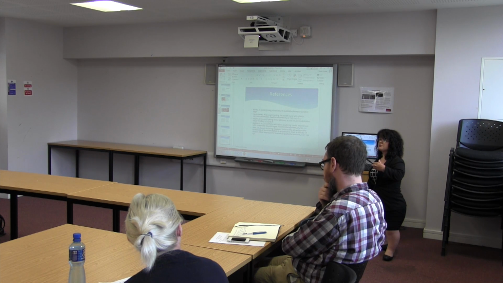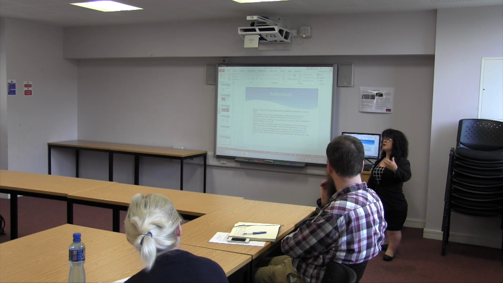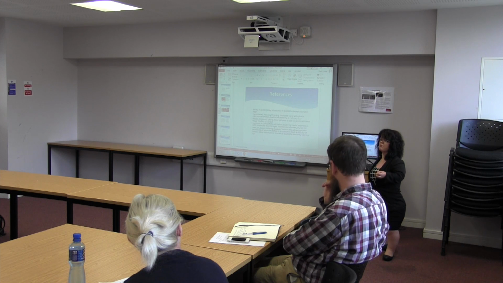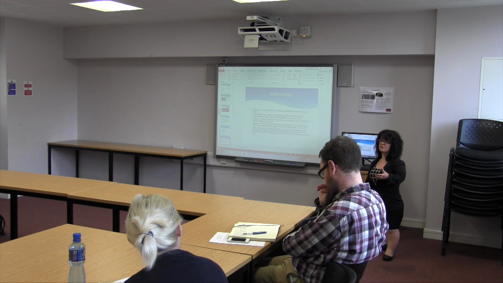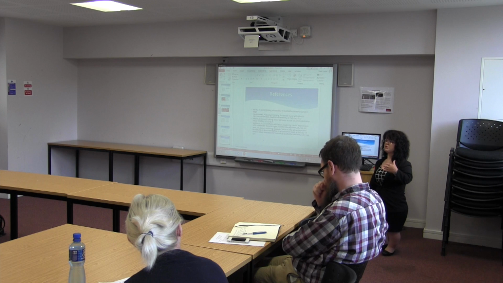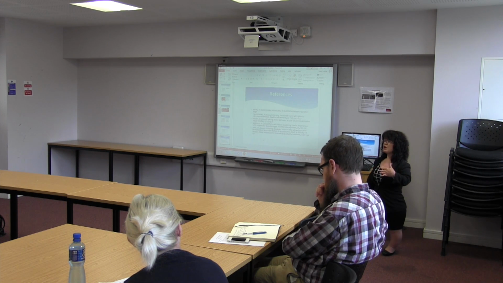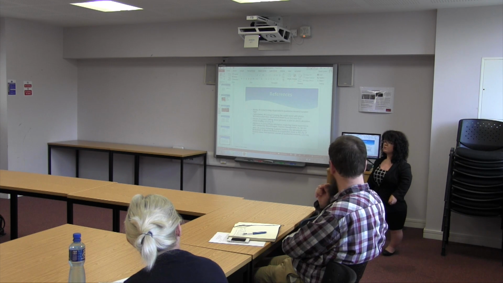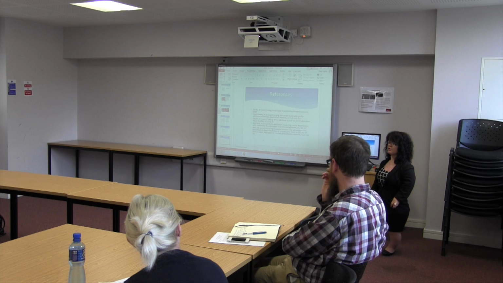But I also asked participants when I was originally researching this, and when they said no, I'm not going out taking photos, I asked them what kind of spaces they interacted with often, and just tried to pick the most ordinary daily spaces that we all interact with, such as the high street and shopping mall, instead of rarer spaces like theme parks. So it was really just trying to use my own initiative.